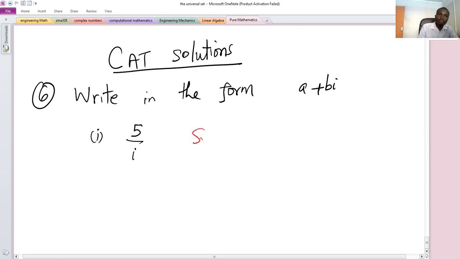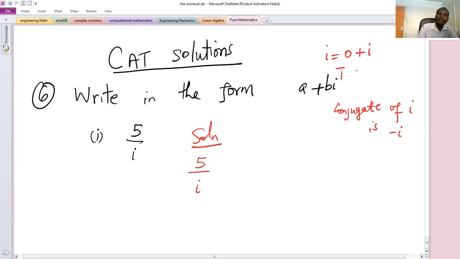So 5 over i, remember the conjugate of i is minus i, since i can be written as 0 plus i, which means its conjugate will be given by 0, now you change the sign to minus. So you multiply here by minus i.